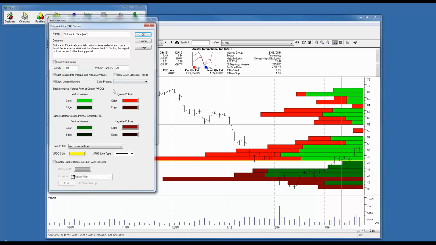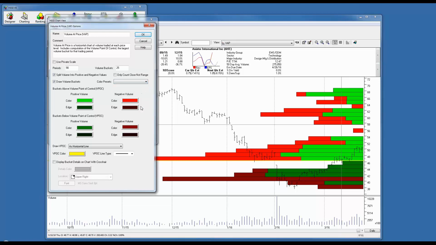Now because this dialog has 10 color chiclets, it seemed unreasonable to make people go through and set all 10 of them every time they wanted a different color scheme. And so for this indicator, we added a new color presets control, and there are 3 versions of the color scheme that have been set up, and we may add more if people suggest color schemes that seem to work.